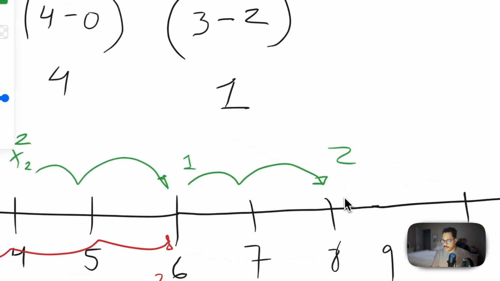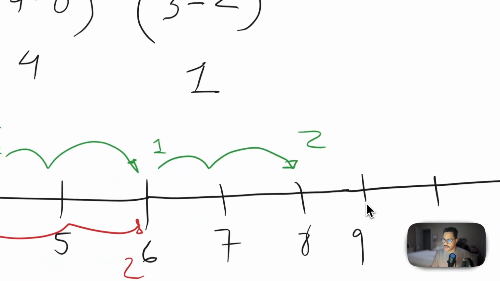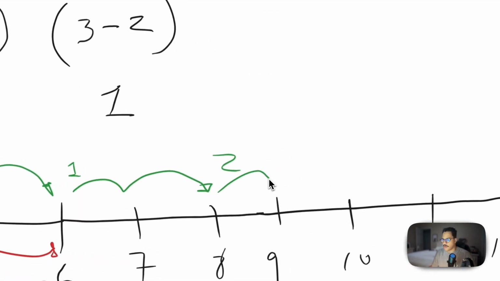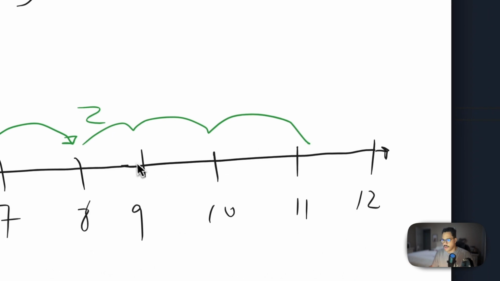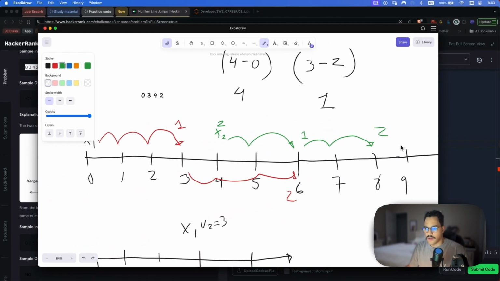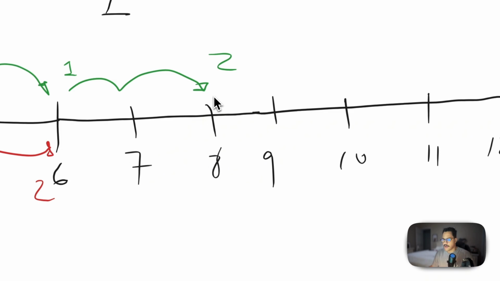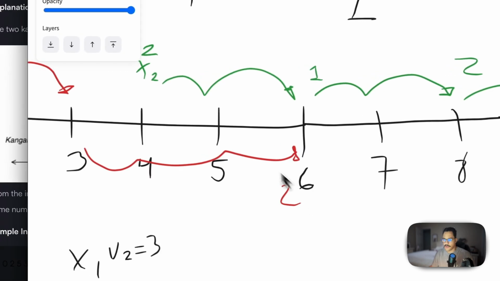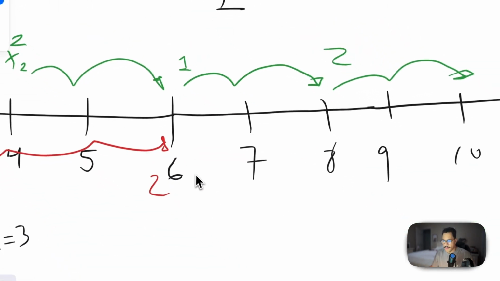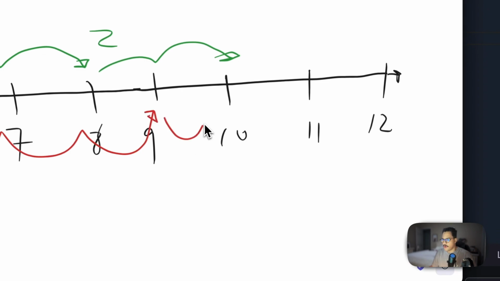So what happens on the third jump? On the third jump, we know where they meet. I'm trying to make this make sense. And the third jump is gonna be 1, 2, and 3. So this kangaroo is gonna jump 1 and 2, and this other guy is going to jump 1, 2, and 3, and then 1, 2, and 3.